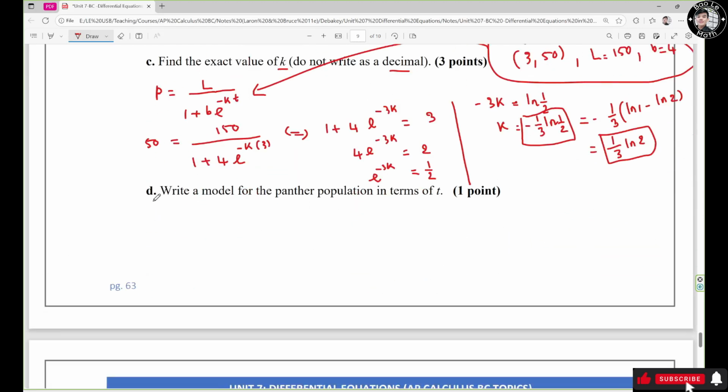Now question D. Write a model for the panther population in terms of t. So we have P of t, substituting back over here, equals 150 over 1 plus 4 times e raised to the negative 1/3 natural log of 2, all multiplied by t.